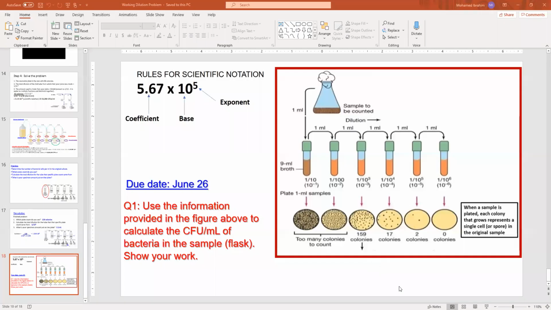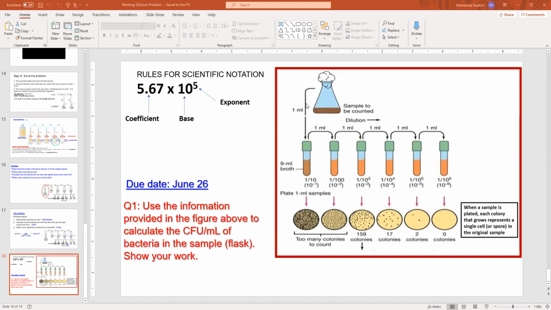Okay, are you talking about this one? Yes. Okay, so here, if you look at this figure, you have a flask with your culture. The first step is to make dilutions.